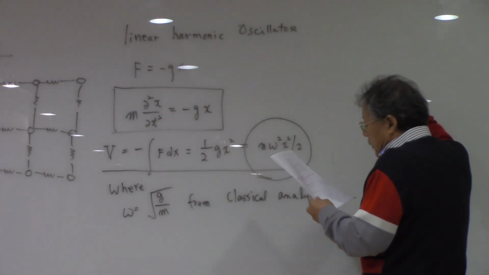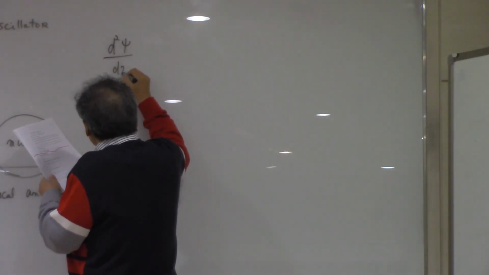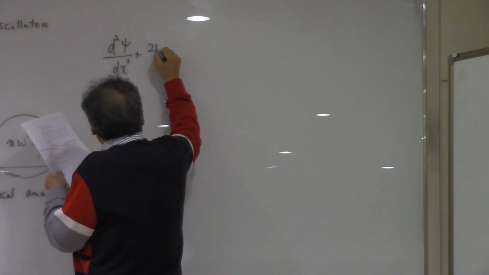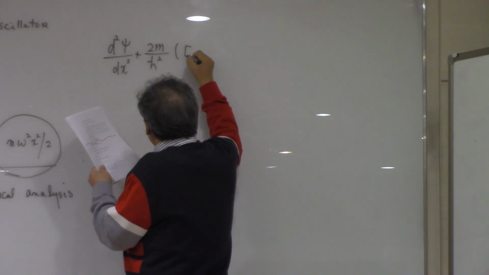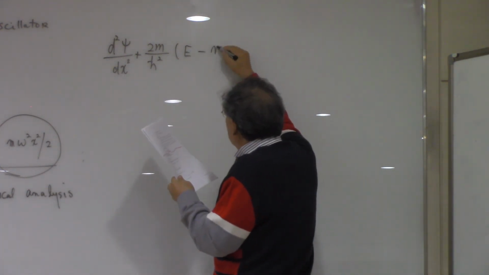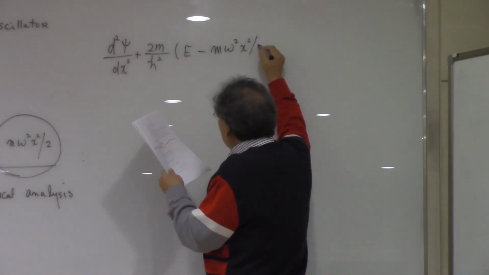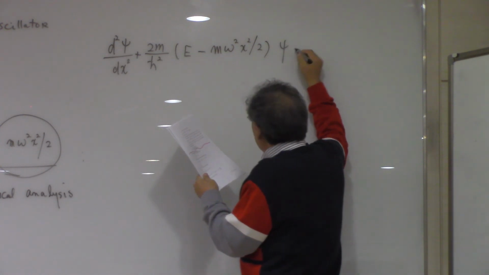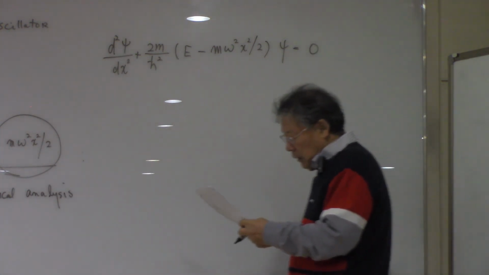So the time-independent Schrödinger equation now is going to look like this: h bar squared, and E minus potential energy, and that potential energy is going to be m omega squared x squared over 2, times psi, the function, and that is going to be 0.